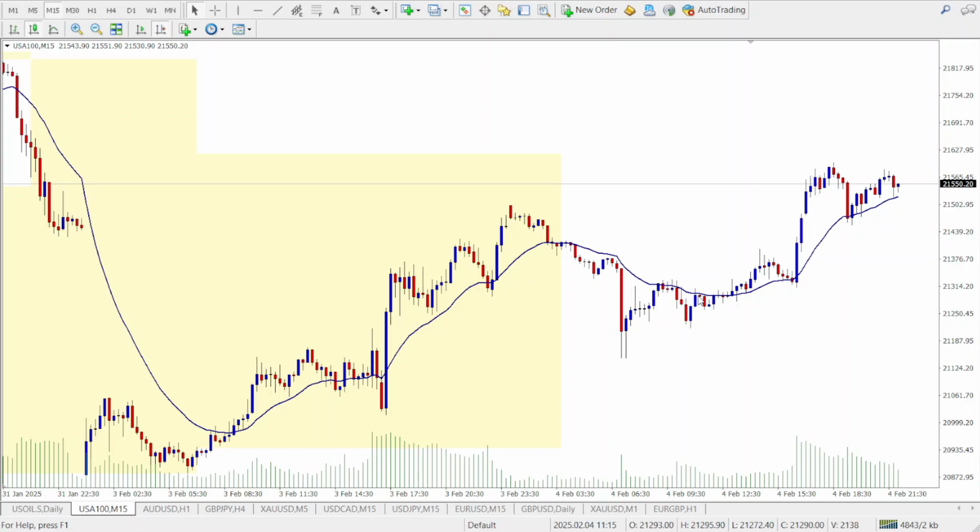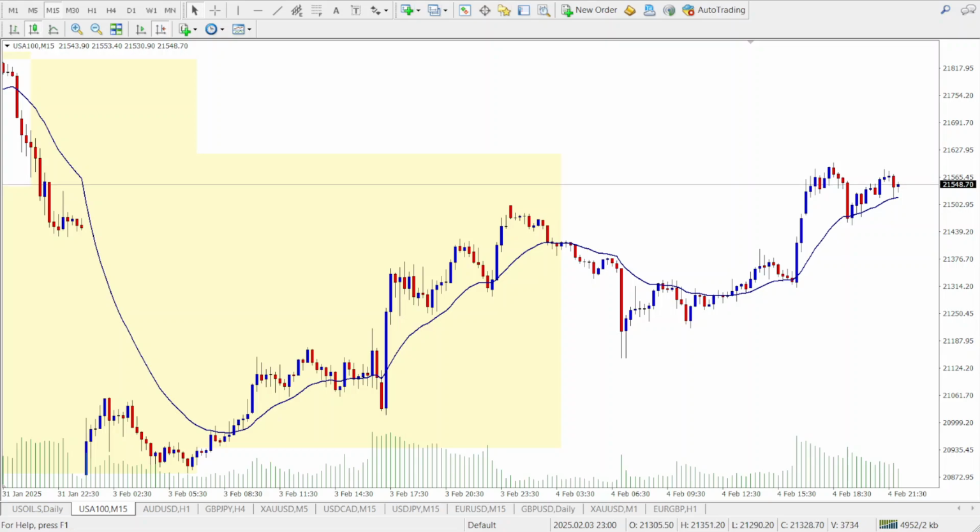In an uptrend, traders look for price pullbacks to the 20 EMA as a potential buying opportunity, like what we see happen around here, around here, around here.